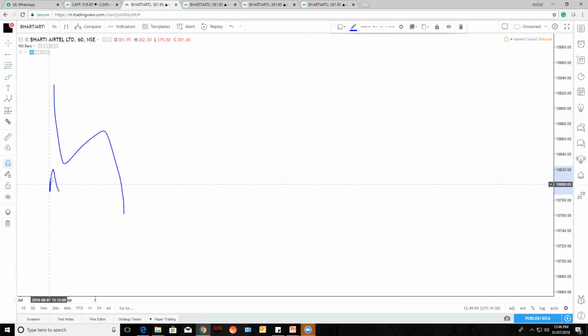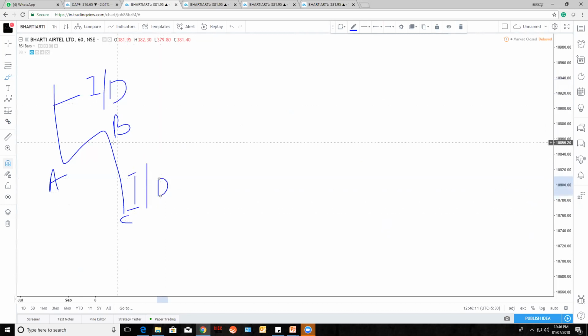It's A, it's B, and it's C. Okay, A might be an impulse or else a diagonal. Wave C might be an impulse or else a diagonal. Wave B we will come to know. Only you just understand this and this part.